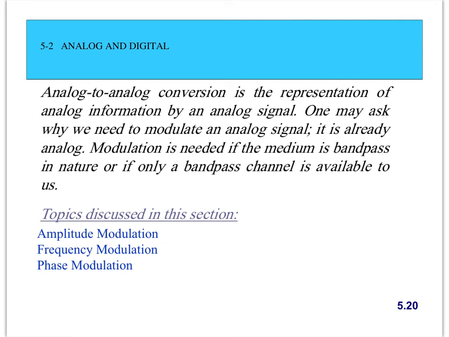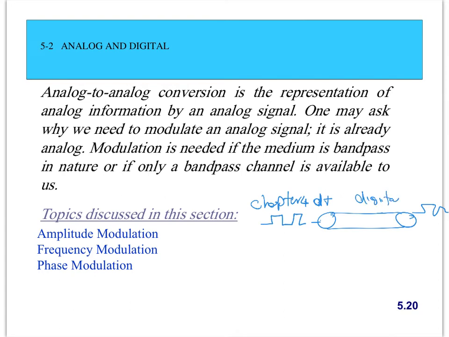So very quick recap so far. So first, in chapter 4, we talked about digital transmission, where we have a digital signal that gets transferred over the medium as is, using some line coding techniques. So this is what we call digital communication.